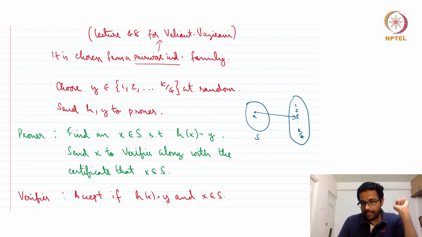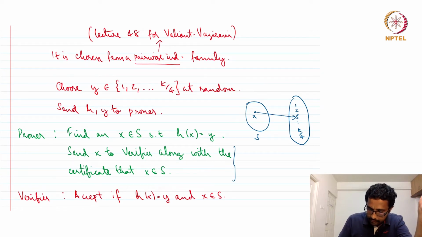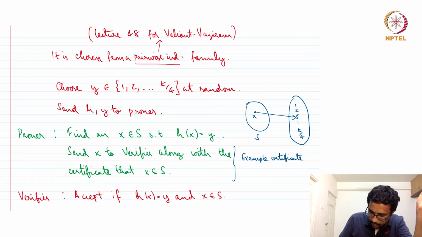So it can give the proof, or the certificate, that x is in S. S itself is too big to list down, but to convince the verifier that x is in S, it can give a certificate. This is just an example: take G0 and permute it with, let's say, sigma 1 to get x, something like that.